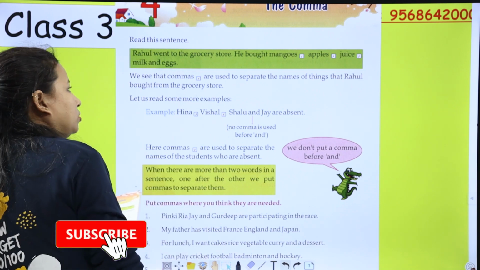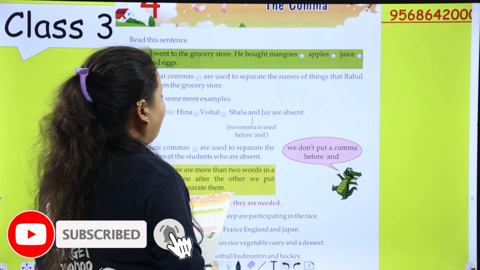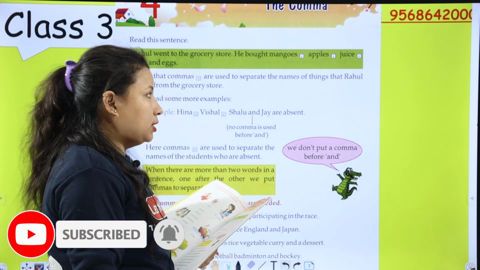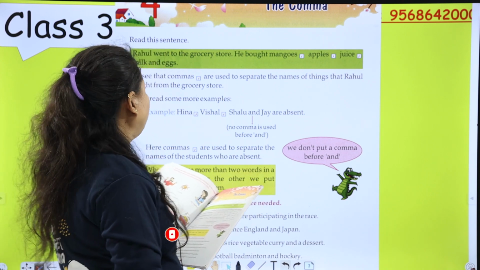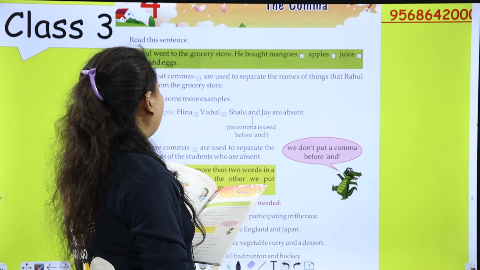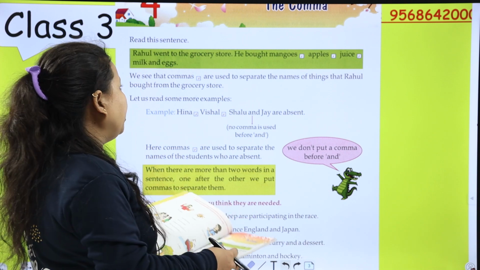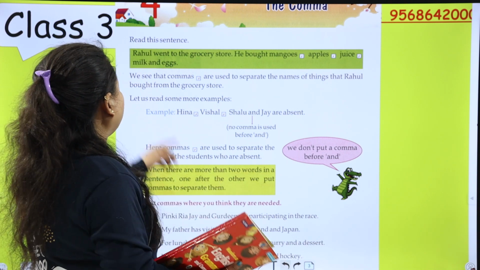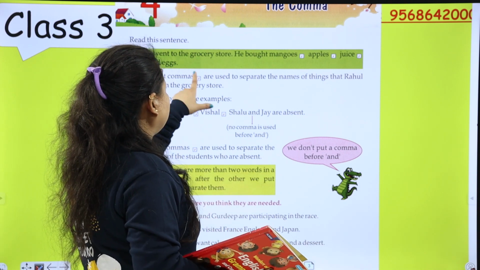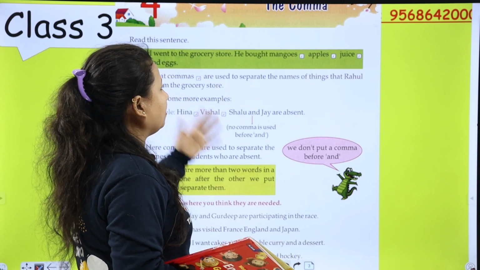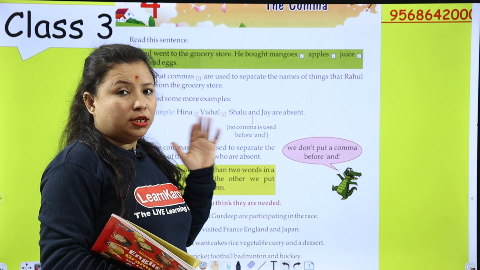Rahul went to the grocery store. He bought mangoes, apples, juice, milk and eggs. If I say Rahul went to the grocery store, he bought mangoes, apples, juice, there is a little confusion.